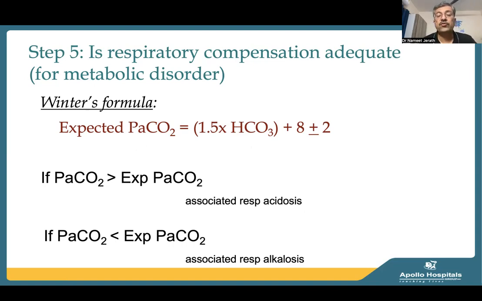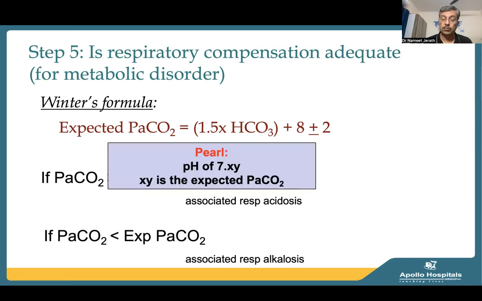We will try to find out the respiratory compensation to a metabolic disorder. So if the compensation is adequate, your expected CO2 should be the same as your arterial CO2. But if your expected CO2 and arterial CO2 do not match, then there is an associated respiratory acidosis or alkalosis on top of the metabolic problem.